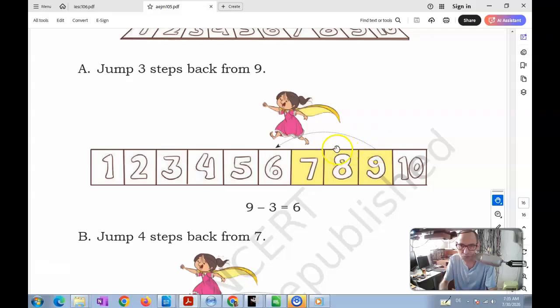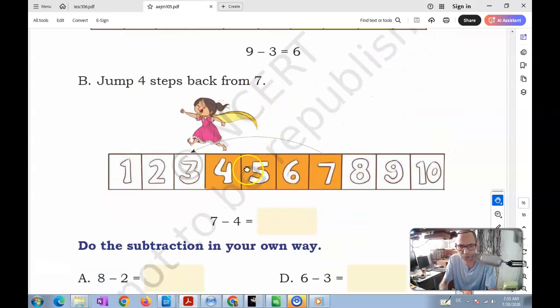How many steps did you jump back? You jumped 1, 2, and 3 steps, which means that you start at the 9 and jump back 3 steps. 9 minus the 3 is 6, the number that you end up with.